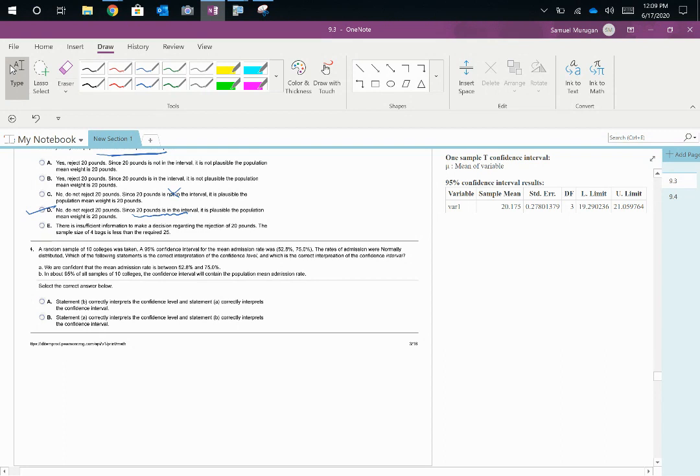Which of the following statements is the correct interpretation of the confidence interval? A, we are confident that the mean admission rate is between 52.8 and 75.0. So that's an interval. So statement A correctly interprets the confidence interval.